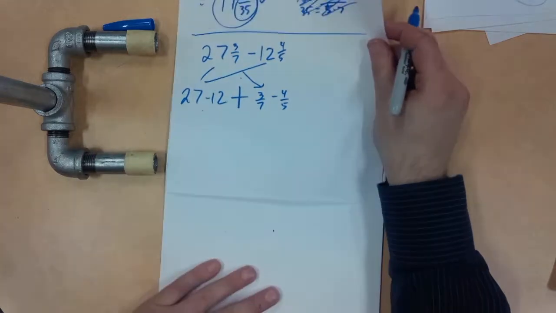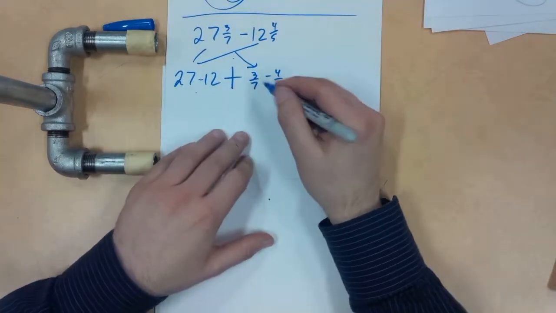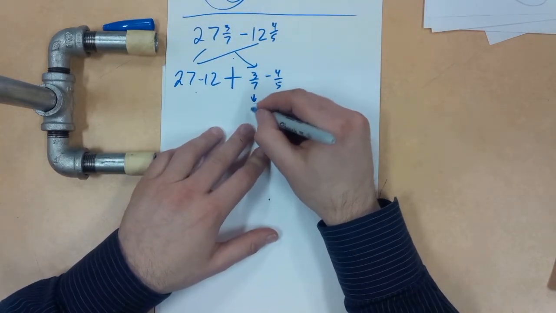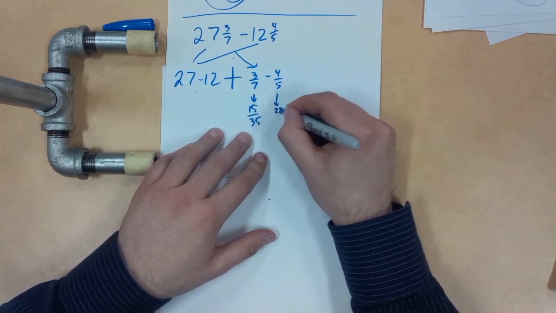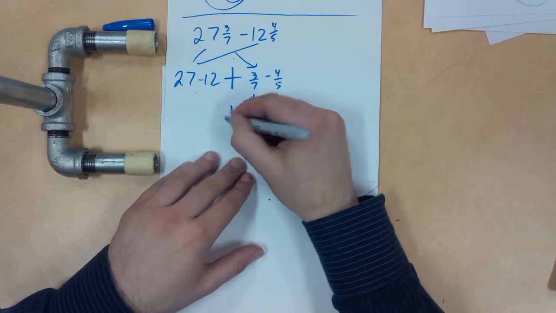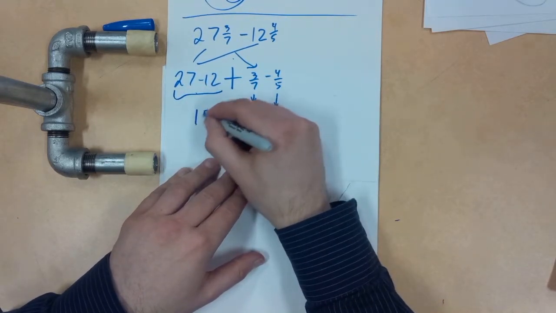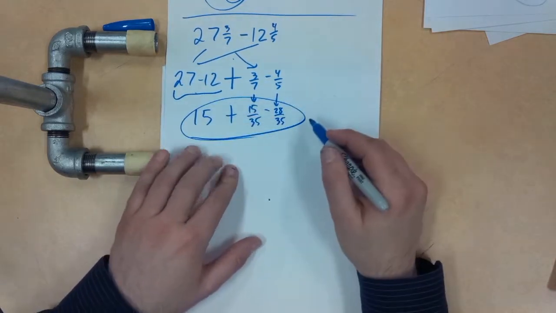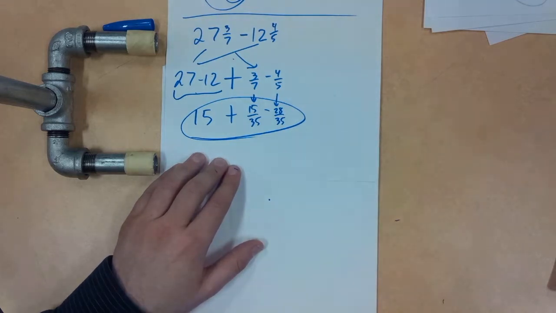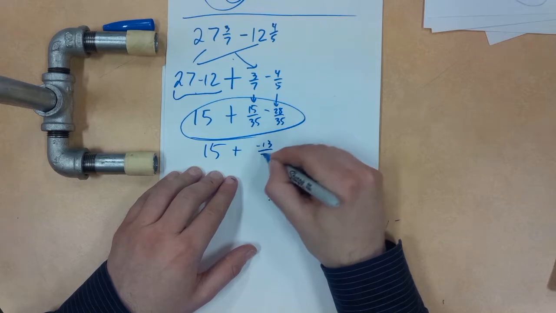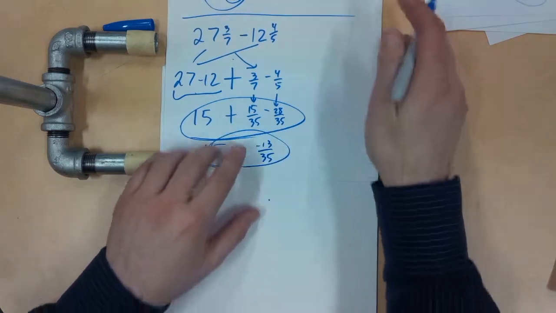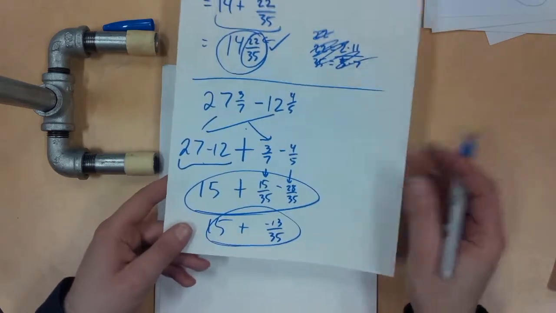Once we know that the LCM is 35, we can just re-put our information in here. This is going to be 15 over 35, and this is going to be 28 over 35. And then we end up with the same thing. And from here to here is 15, right? And then processing it from here, we had virtually the same thing. 15 plus negative 13 over 35, and everything is the same.